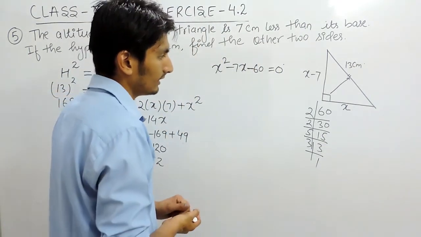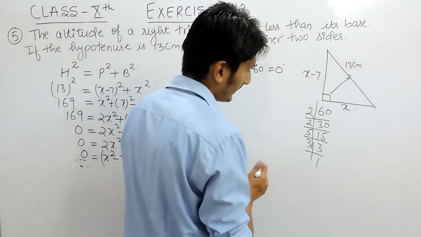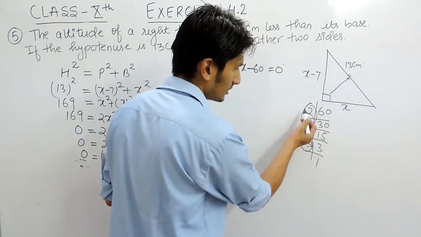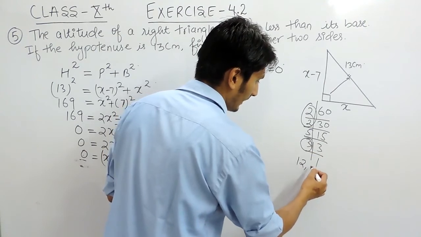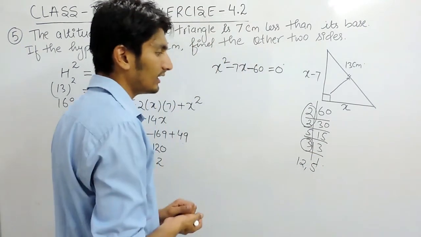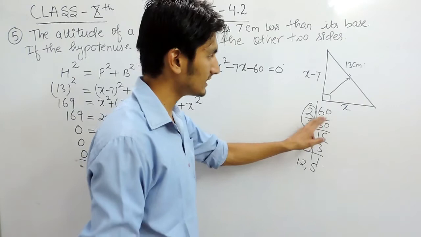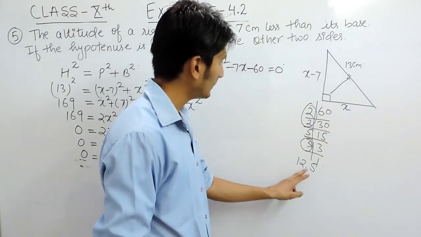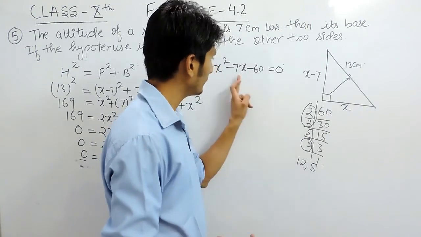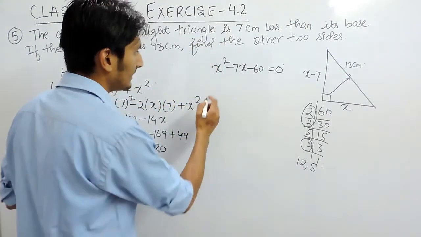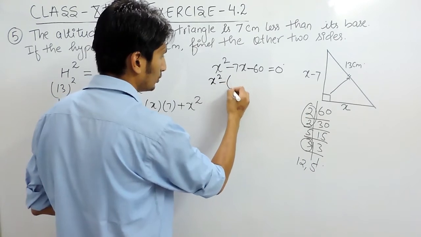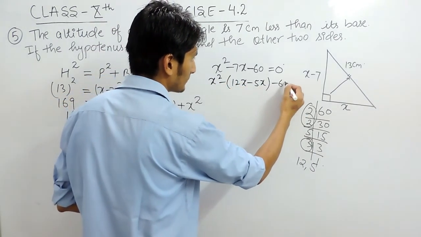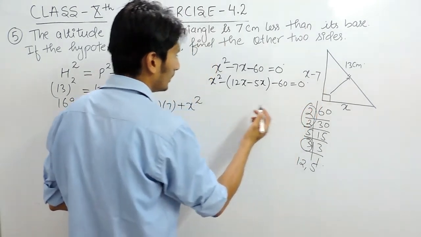So clearly if we take the factors, 12 and 5 are the required factors of 60. Multiplying these two will give 60 and subtracting these two will give 7. So clearly 7 can be split into 12x minus 5x and this is minus 60 equals 0.